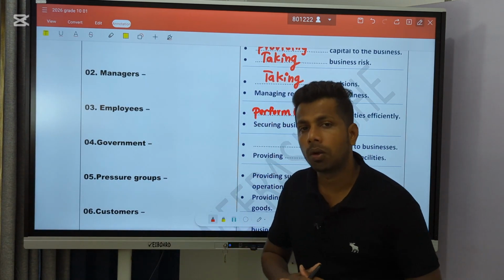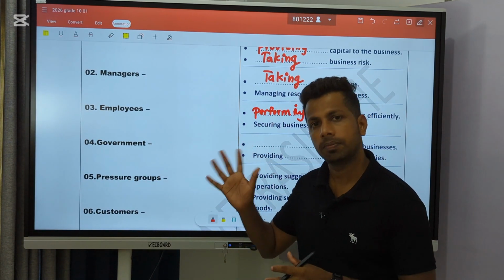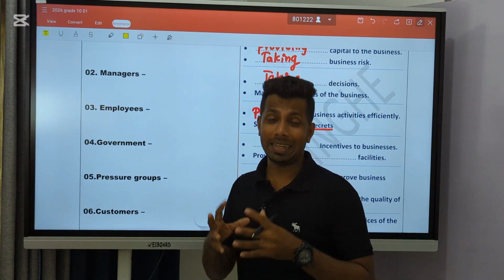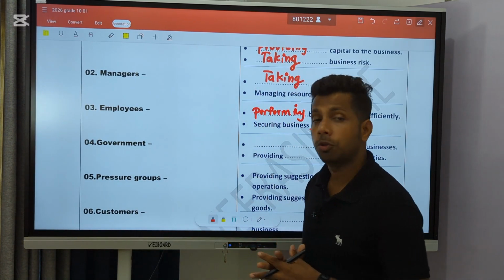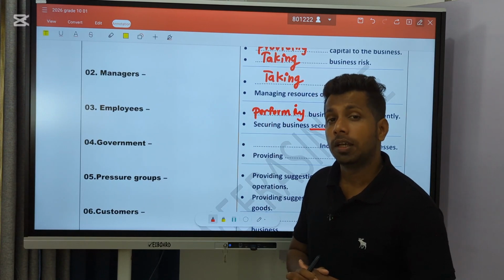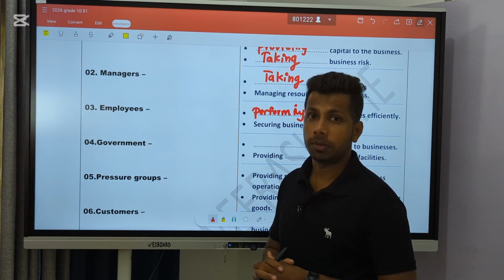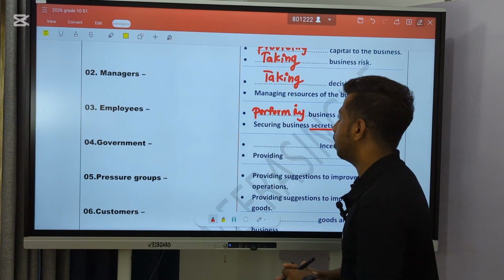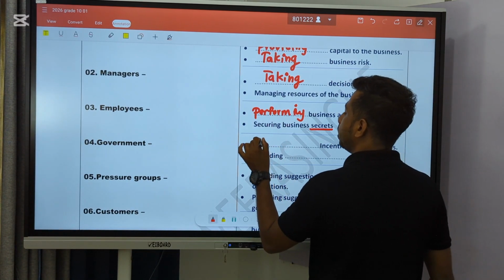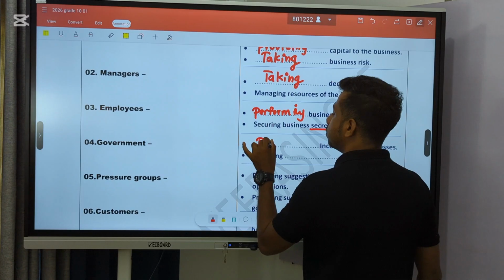So earlier we talked about the interest of government. Now you have to write down the contributions of government. So what does a government contribute for the businesses? Mainly they provide incentives. So providing incentives.